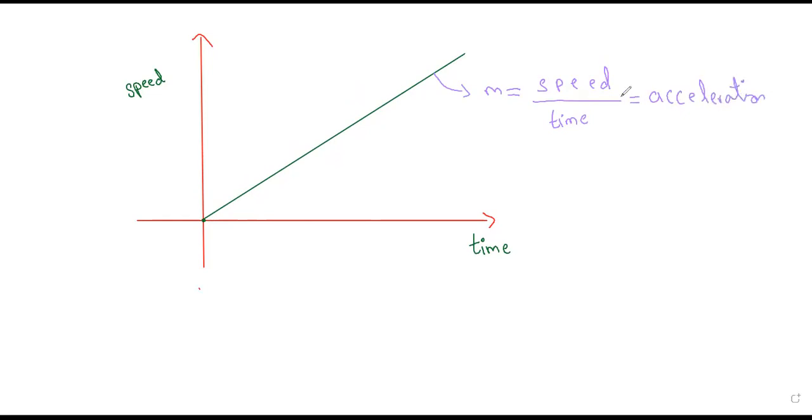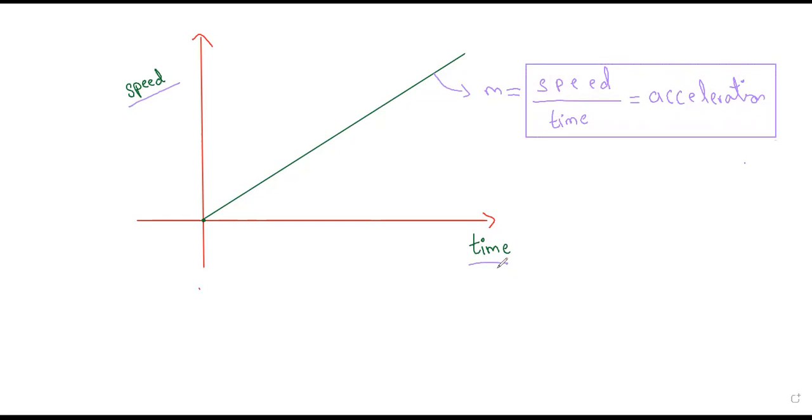Because this is the formula. We don't care if we have understood the concept or not. The formula for acceleration is speed over time. So if the y-axis has speed and if the x-axis has time, y over x would basically be the slope. And this means the slope in case of speed time graph is acceleration. That is it.